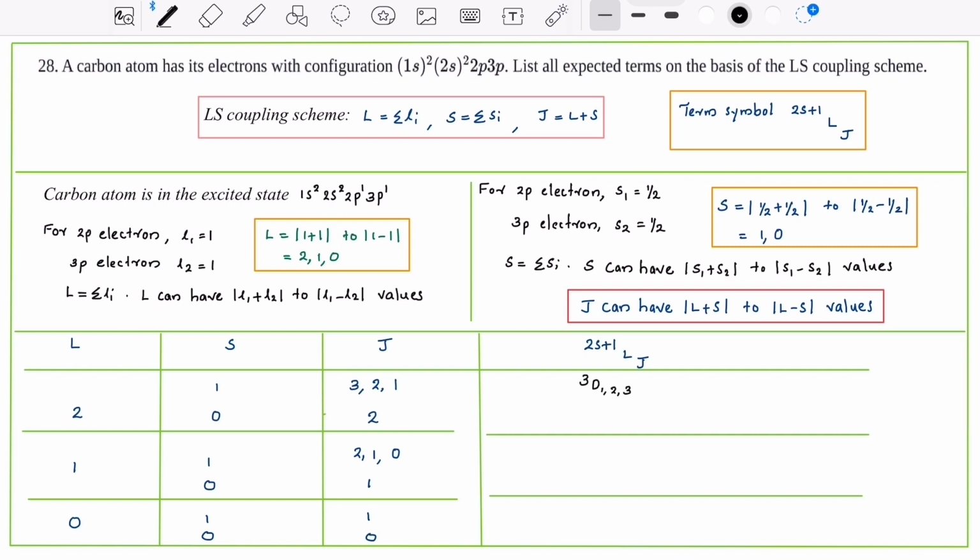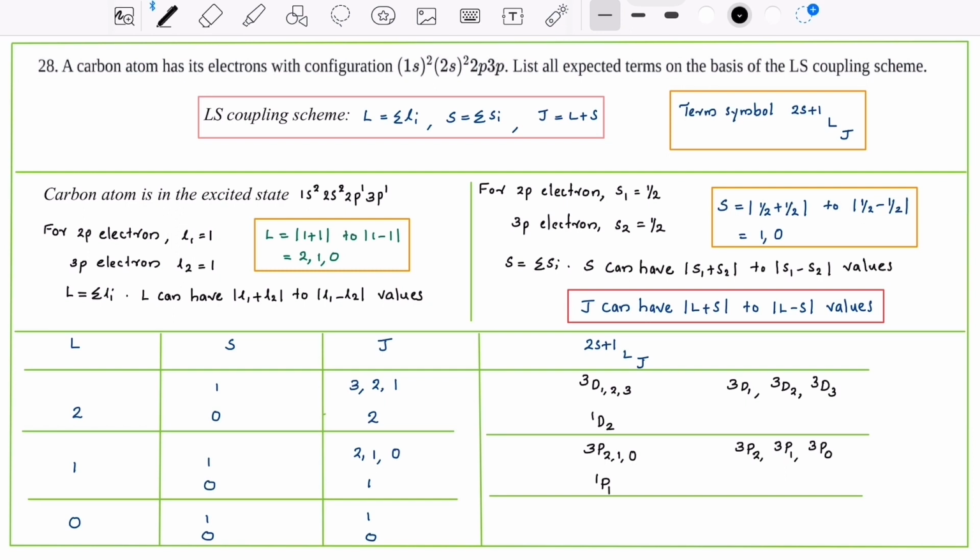Therefore, for the first term, when S is equal to 1, J is equal to 3 to 1, the term symbol is 3D1, 2, 3. We can write it as 3D1, 3D2, 3D3. When S is equal to 0, J is equal to 2, we have the term symbol 1D2. When S is equal to 1, J is equal to 2, 1, 0, we have the term symbol 3P2, 3P1 and 3P0.